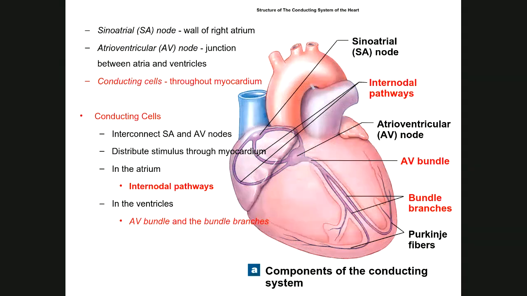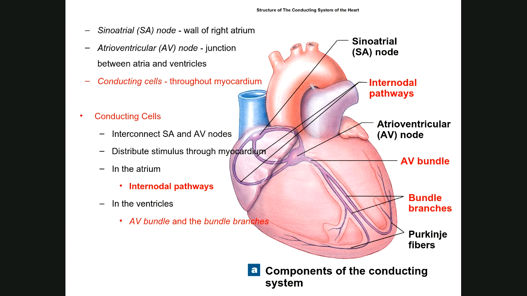And then after that, as parts of this intrinsic conducting system, we have also the conducting cells. The SA and the AV node are the specialized pacemaker cells, and then the conducting cells exist throughout the heart. Especially, we have the internodal conducting cells that exist between the SA node and AV node, mostly in the atrium.